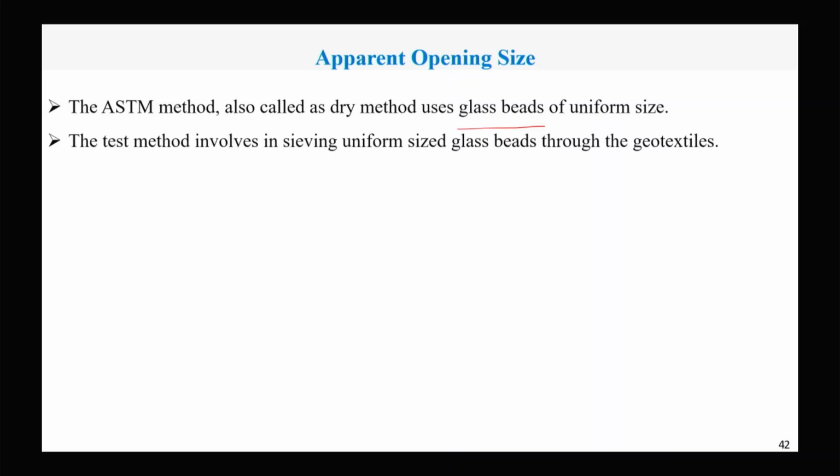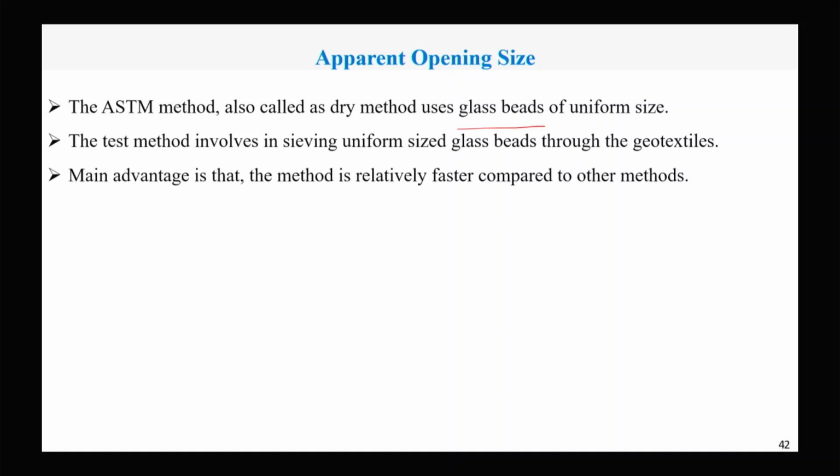For apparent opening size, as per ASTM, we use the dry method with glass beads of uniform size. We sieve the uniform glass beads through the geotextile. This is the main advantage, that it's relatively faster compared to other methods.